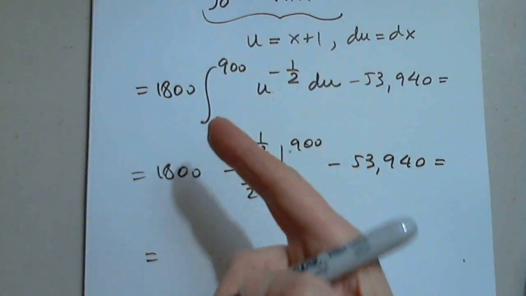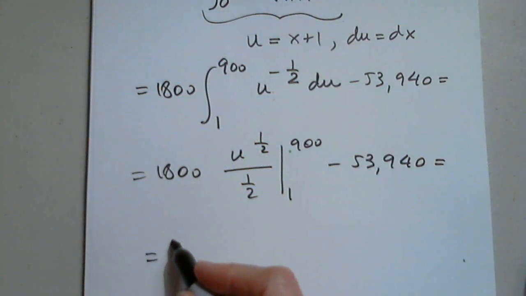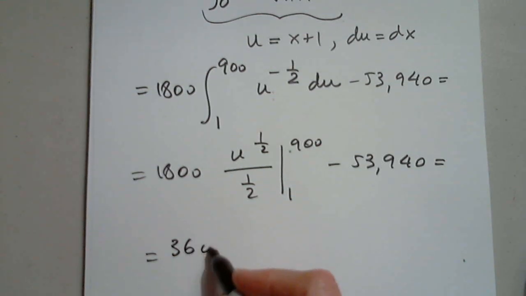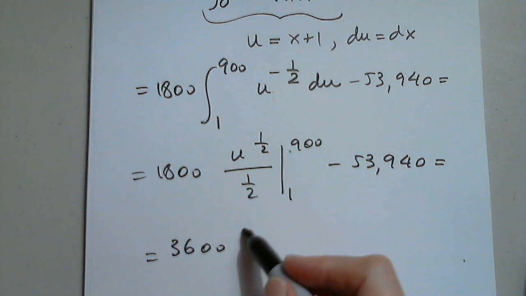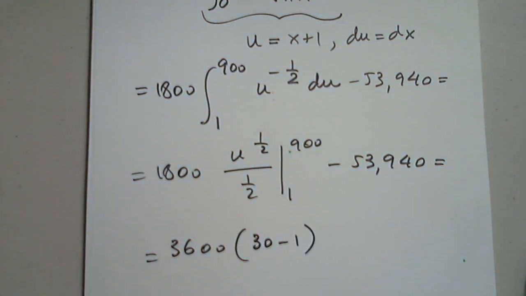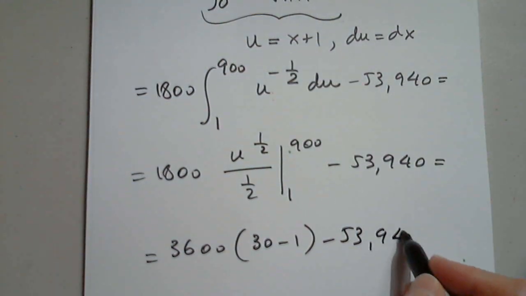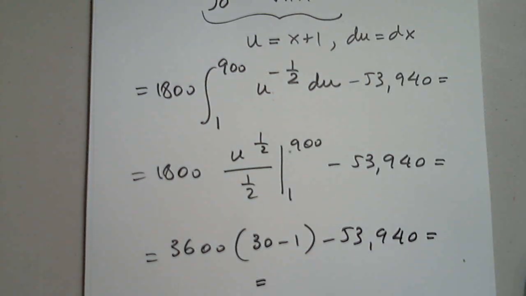I flip, and I get 3600 times the square root of 900, which is 30, minus the square root of 1, which is 1. And then minus 53,940. So what do I have?